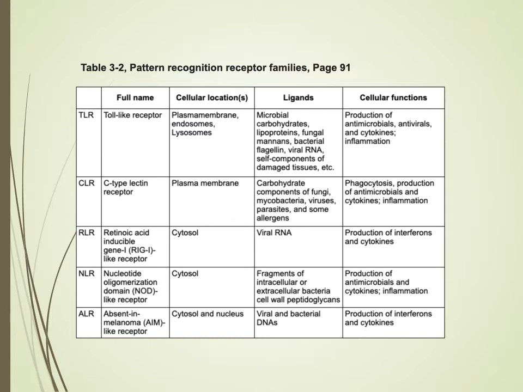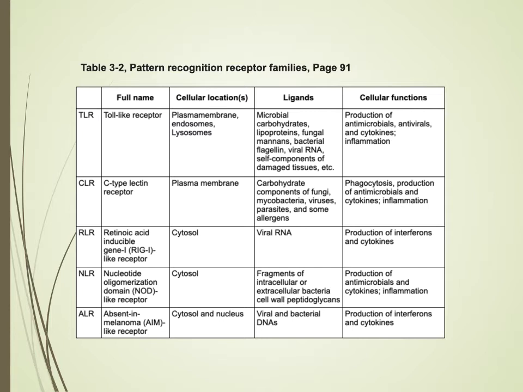The ligands that trigger toll-like receptors could be carbohydrates, lipoproteins, or flagellin proteins, so it all depends upon what toll-like receptor you're looking at, where it's found, and what the ligand is. But the end result usually is production of antimicrobials or antivirals, and then cytokine production that leads to activation of inflammation.